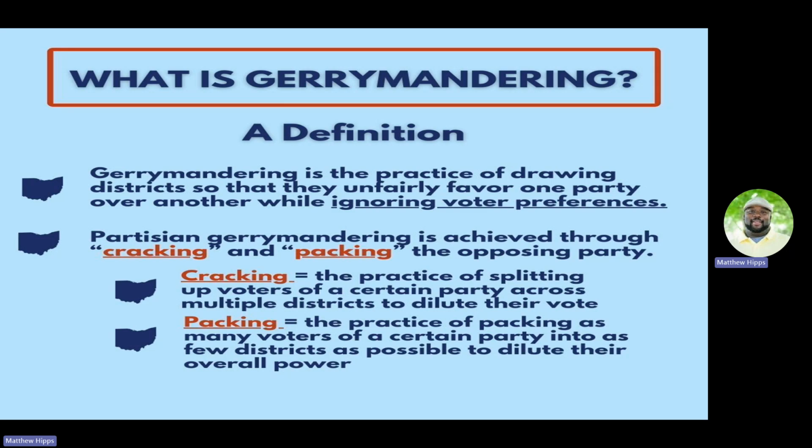Now, to be perfectly transparent, Democrats would do the same thing if they were in power. They would redraw those lines in ways that tried to give Democrats the advantage. We're seeing this play out in Texas, in Virginia, in Florida. So this is definitely something we want to pay attention to.